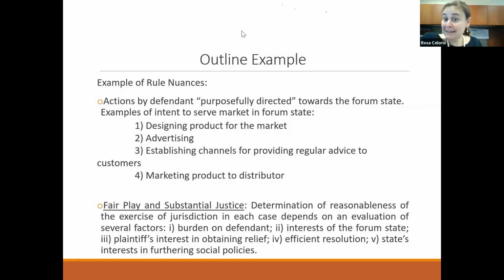In the case of Asahi, this case is particularly complicated because you had all these foreign defendants. And as soon as you start having all these defendants, that could raise issues related to not just one state, number one, and number two, according to the Supreme Court, there's due process issues. Can you really subject foreign defendants to territorial jurisdiction just because they placed a product in the stream of commerce?